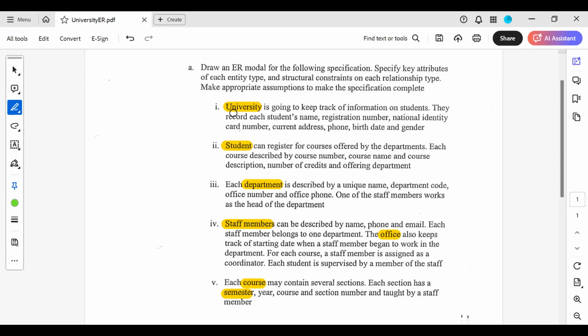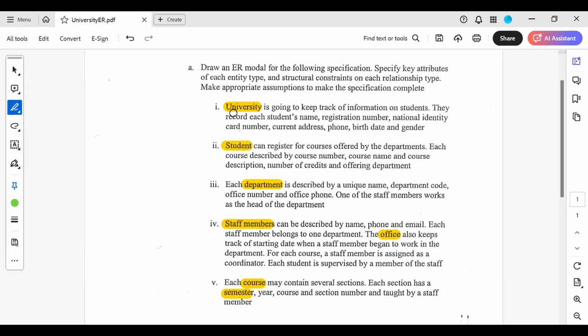Although this is about a university, can we find any attribute which describes the university? You get my point, right? If it is an entity, we have to have attributes which describe the entity, remember?